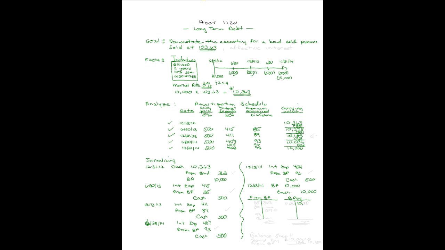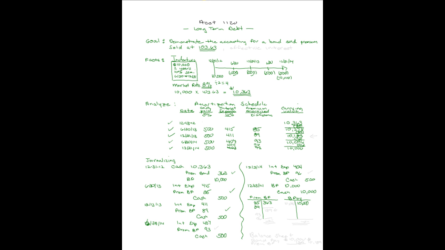We put $10,000 in our bonds payable and $363 from premium with our first journal entry. Then in our second journal entry, we amortized $85 of that bond premium away, and in the third journal entry, we amortized $89 of the bonds premium away.